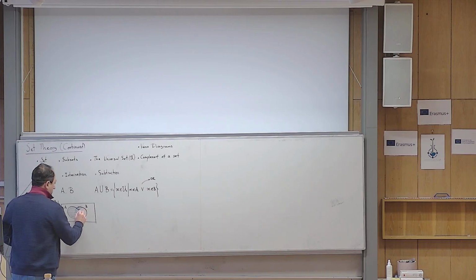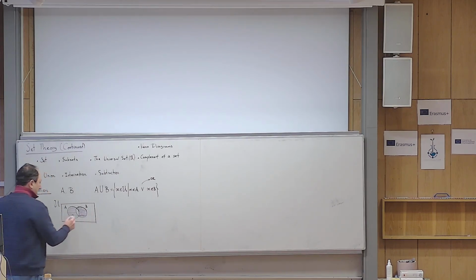These elements are only in B, and these are also acceptable. And these points are also acceptable because they lie in both of them. So in total, what you see here on the picture is A union B.